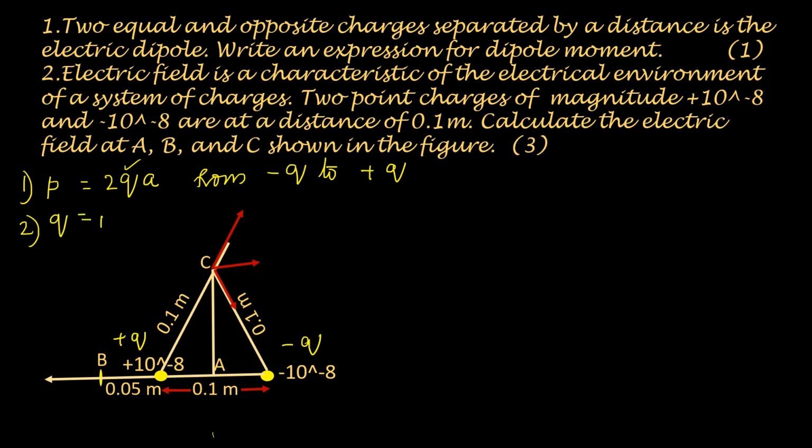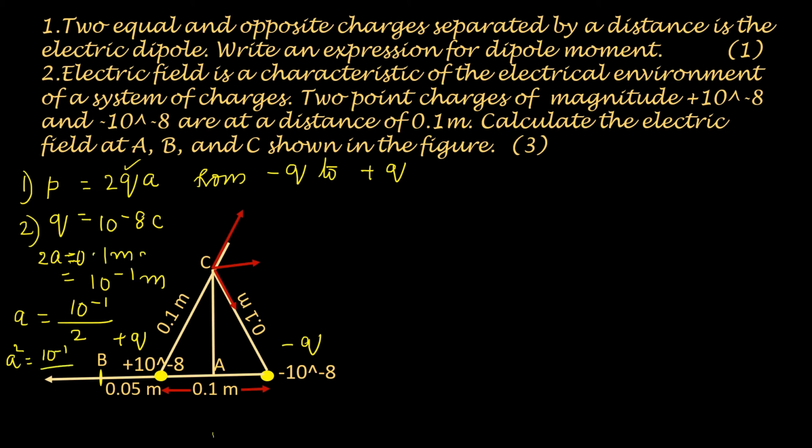Q is equal to 10 raised to minus 8 coulomb. 2a is equal to 0.1 meter, equal to 10 raised to minus 1 meter. a is equal to 2a by 2, so equal to 10 raised to minus 1 by 2. And a square will be 10 raised to minus 1 divided by 2, the whole raised to 2, that is 10 raised to minus 2 by 4.